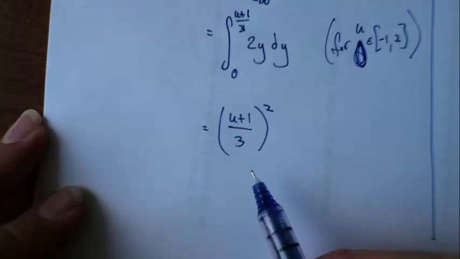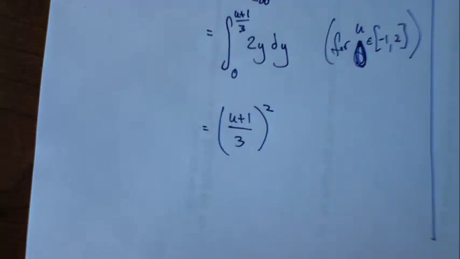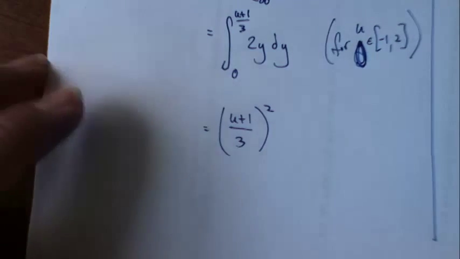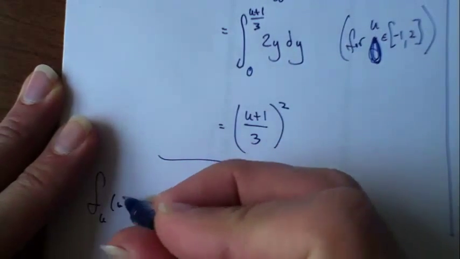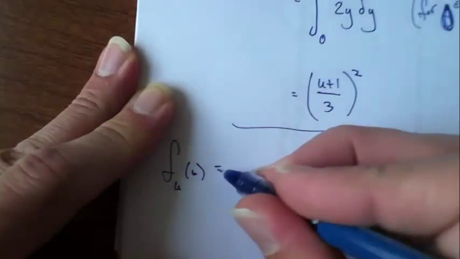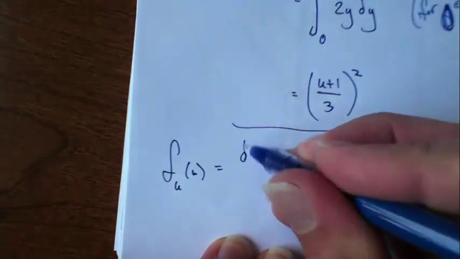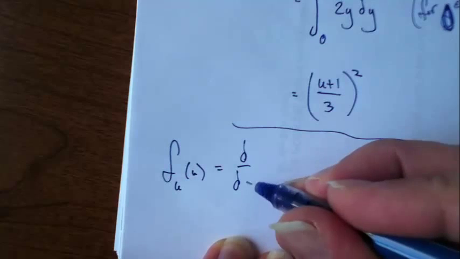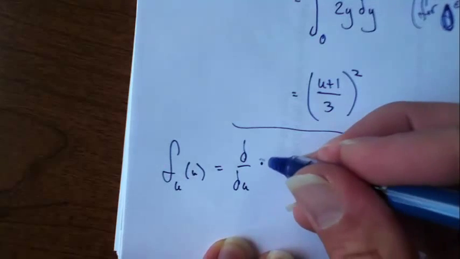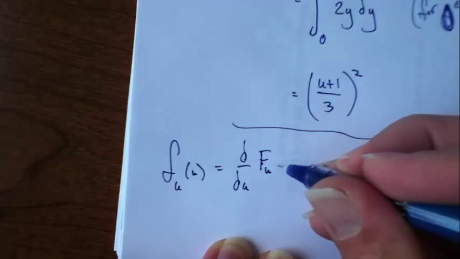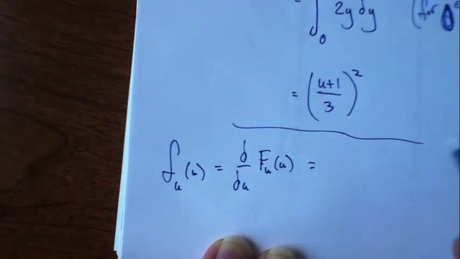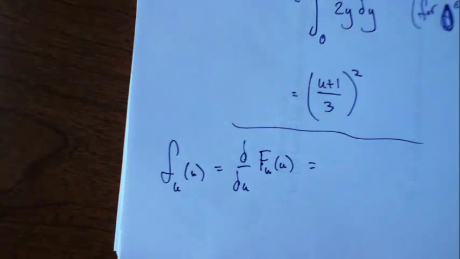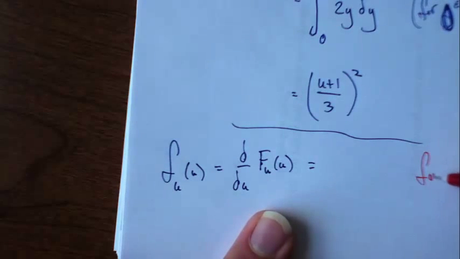So now I have the CDF for u. I can differentiate the CDF to get the PDF. So f sub u of u is just d/du of big F sub u of u, for u in -1 to 2.